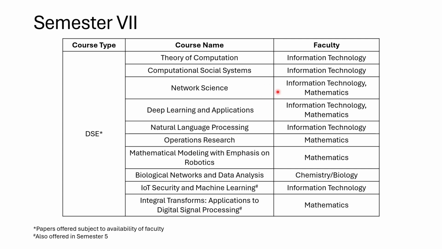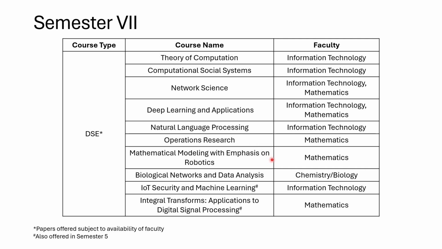Again, these two can be offered by both IT and mathematics faculty. Now, the higher management will plan what to do, what not to do. Natural language processing, operations research. They might put a prerequisite here that you should have done the linear programming course, but everyone is doing it because it's a DSC, so that won't be an issue.